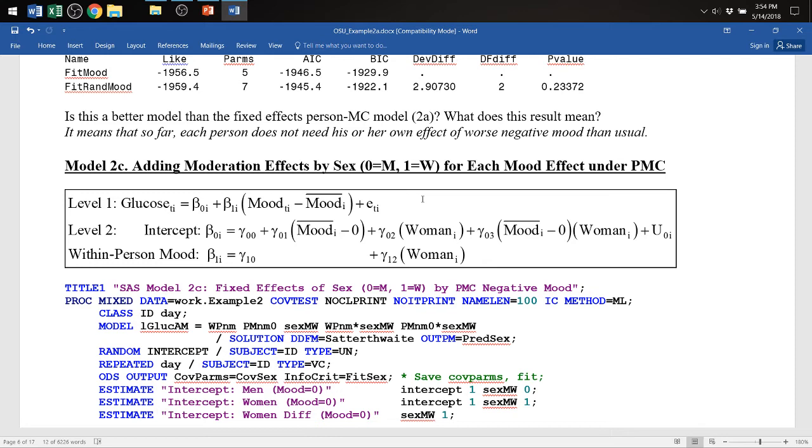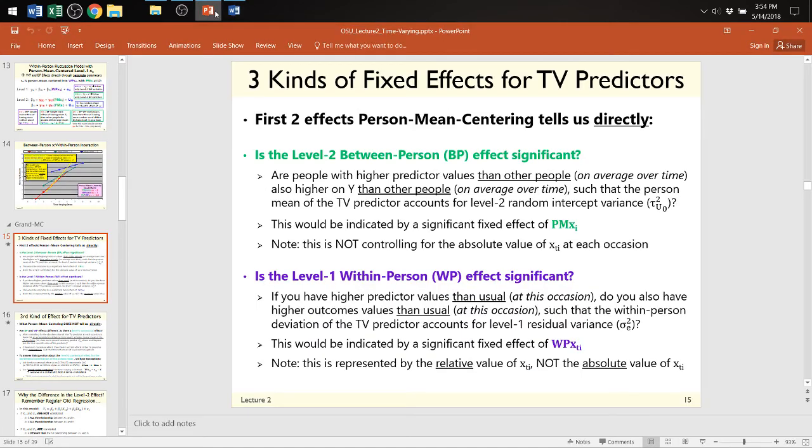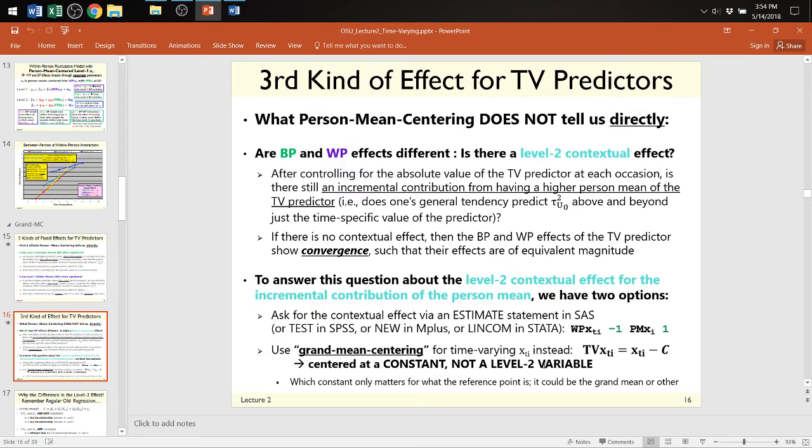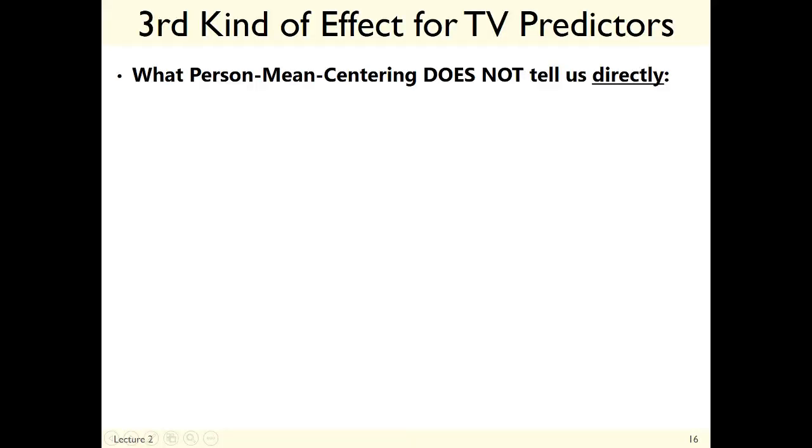Now let me answer the other one. What's a contextual effect? Because that's the other piece here that you might want to know, although it doesn't make as much sense in longitudinal data, but that's what the other method of centering is going to tell you. So this is the missing piece here, a contextual effect. You can think of this two different ways.